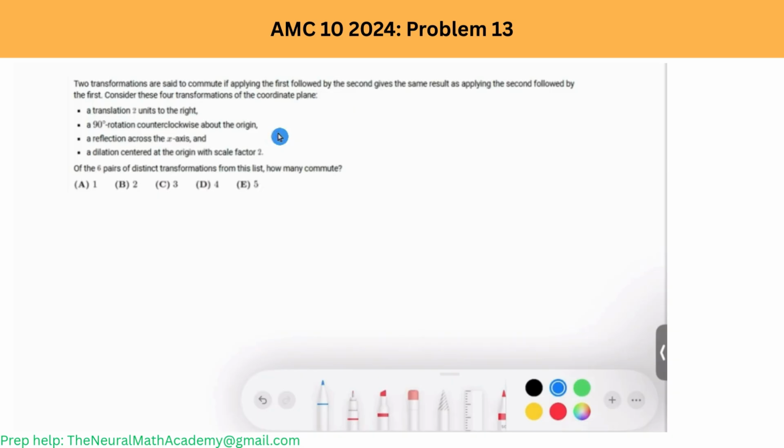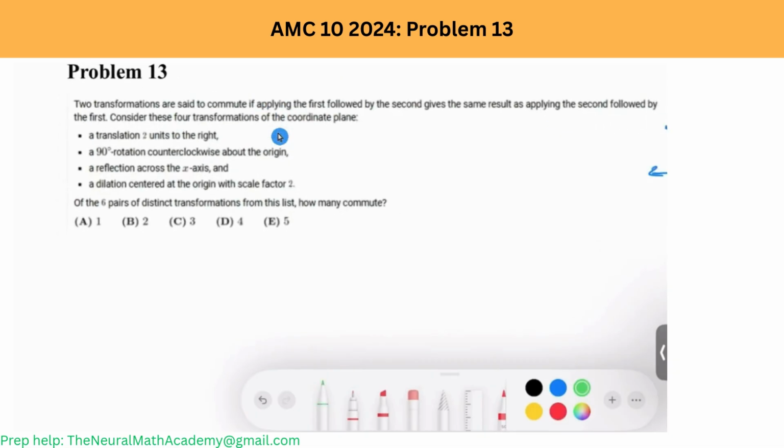So for this problem, let's say that our coordinate plane is xy. And now let's write the mapping for each of these transformations. So for the first one, xy, we get x plus 2, y. The second one, then we can say is xy to minus y, x.